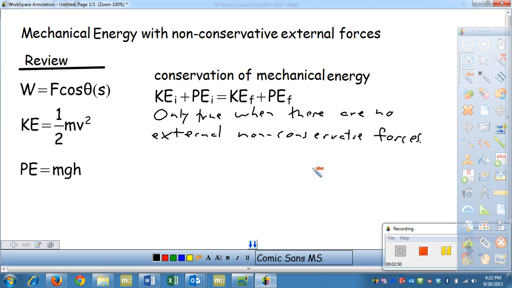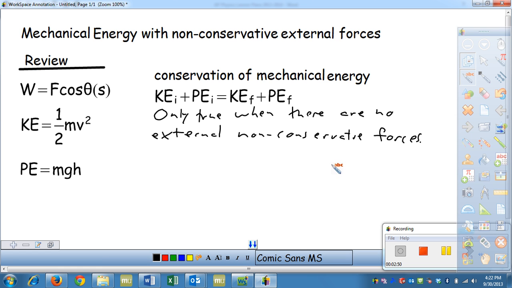Oh, I should also talk about what is a conservative force, right? A conservative force is a force where the work that it does is independent of path. If you go from one place to another, you always have the same amount of work. That's a conservative force. Gravity is the conservative force we're using right now.